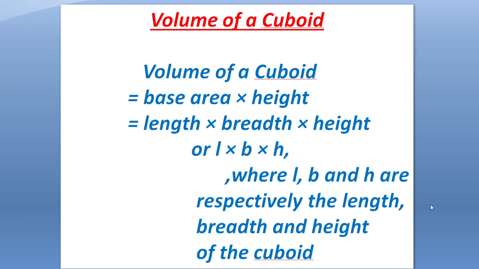So, volume of cuboid is equal to base area into height, but base area is length and breadth into height, or in other words volume of cuboid is equal to L into B into H, where L, B and H are respectively the length, breadth and height of the cuboid.